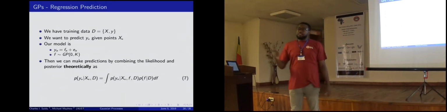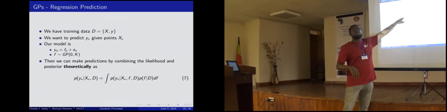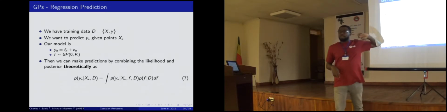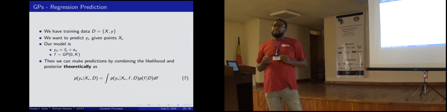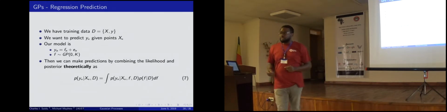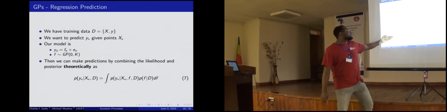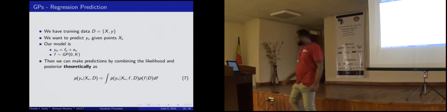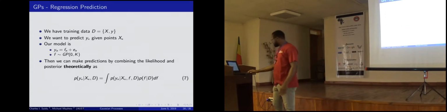And if you assume the error is a normal distribution, then we can easily get a likelihood that is Gaussian, especially if you assume that each point is independent and identically distributed. Once we have that and we get our posterior, we can easily do prediction theoretically. If this is not so intuitive, just hold on, you'll see what I'm talking about.